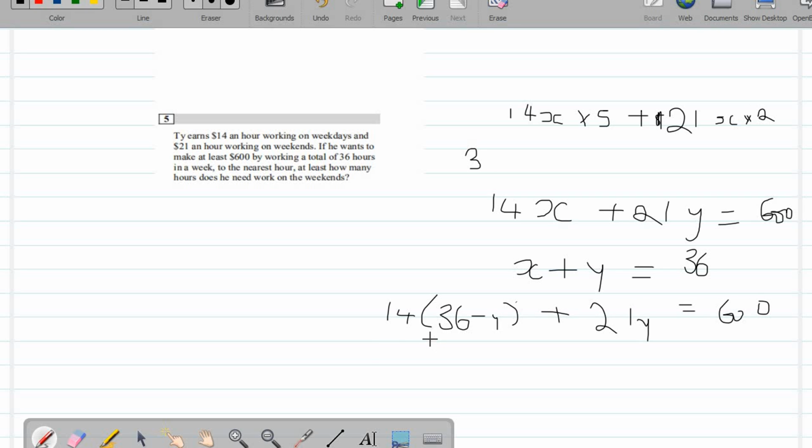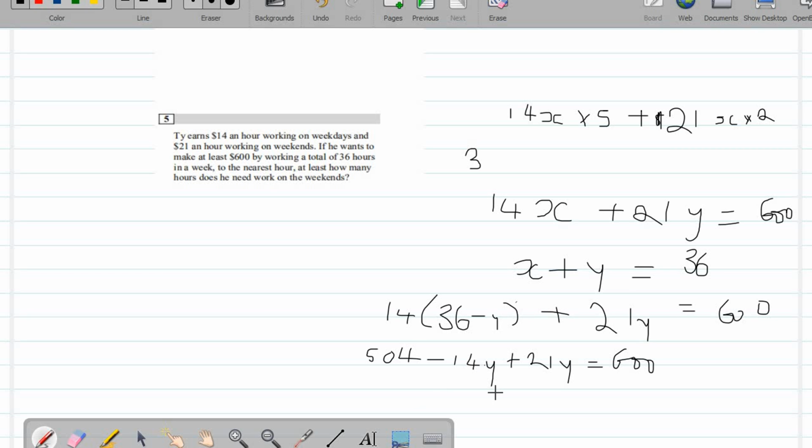So we have 14 times 36 minus 14y, that's 504 minus 14y plus 21y is equal to 600. Minus 14 plus 21 is 7.